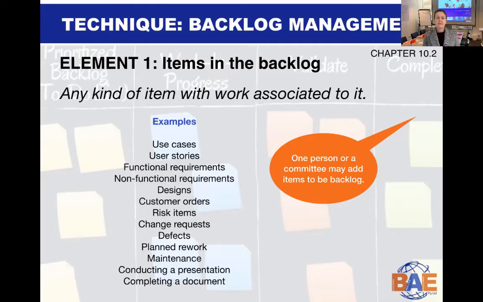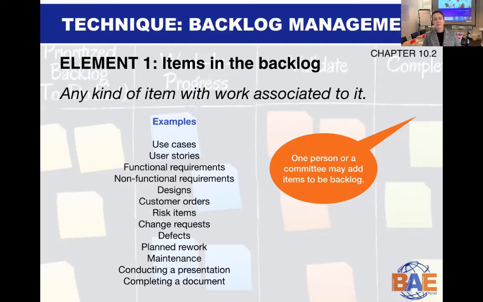So within your team, you might decide on a subset of these items to include in your backlog, or you can simply say any work that we need to do as a team is going to be managed through the backlog.